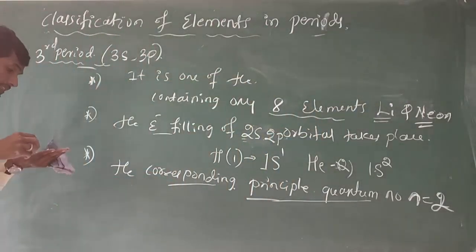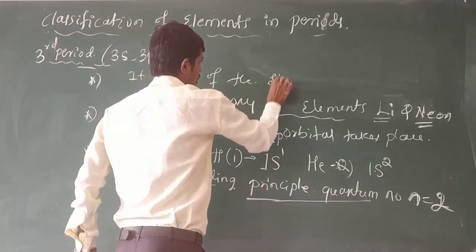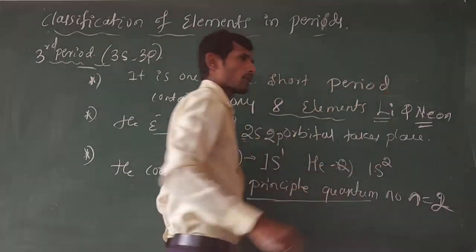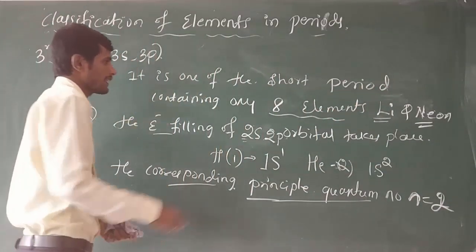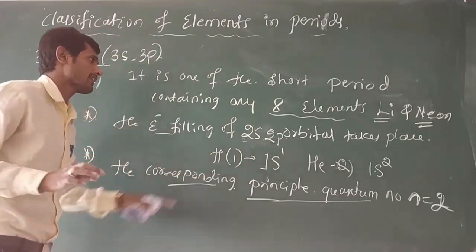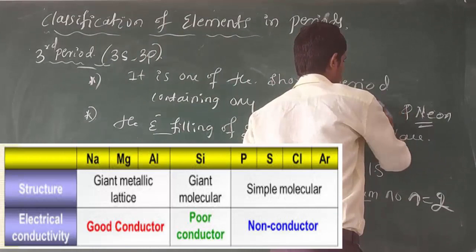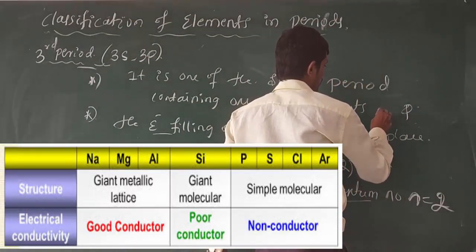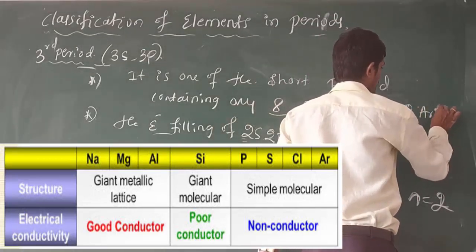Okay, students, the first point: the third period is also one of the short periods. In ಮೂರನೇ period ಕೂಡ ಏನದ, it is also one of the short periods containing 8 elements. ಇಲ್ಲಿ ಕೂಡ ಏನದವ, there are 8 elements from sodium to argon.